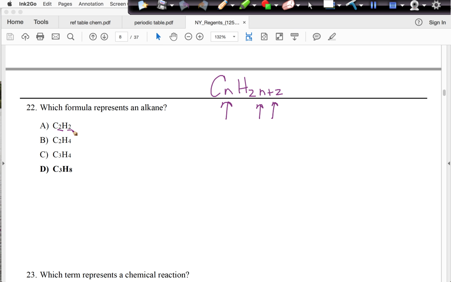So this is equal to the number of hydrogens, so it can't be that one. This one is only double, and this one is only add 1. So 3 times 2 equals 6. 6 plus 2 equals 8. So C3H8 fits this general formula.